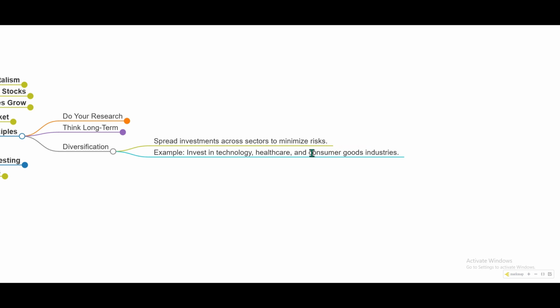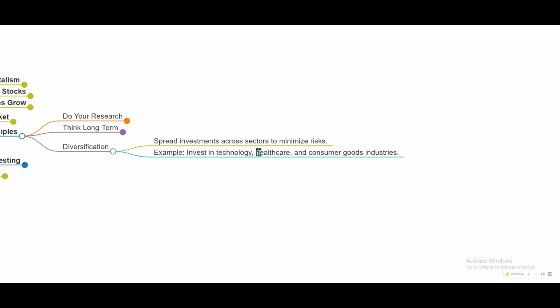Personally, I like consumer goods because these are the industries which I think are never ever going to fail. In technology, there are very few chances of prediction. For example, whether this company will be a hero or that company will be a hero, it is a big thing to say anything.